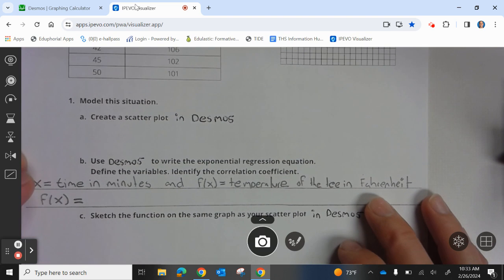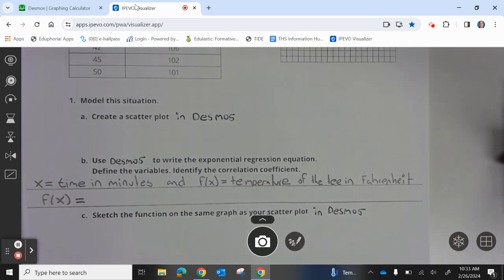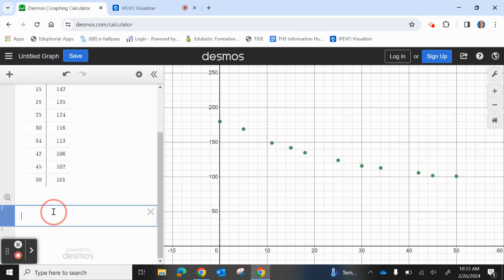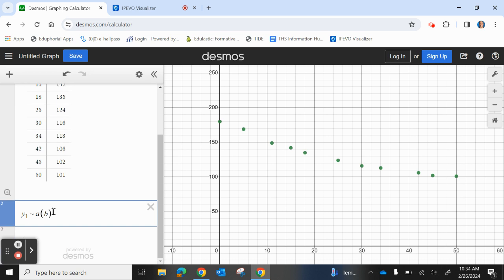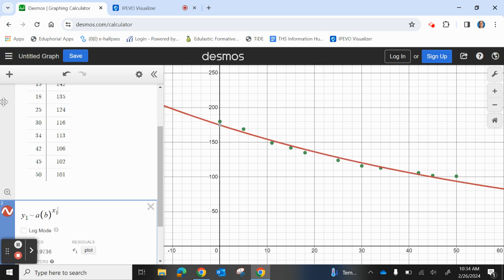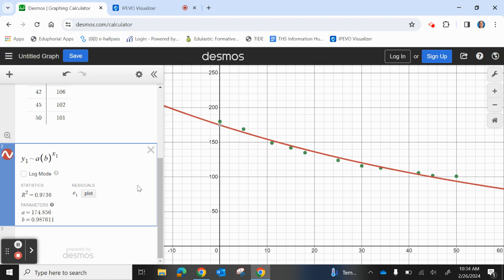Now it says, use Desmos to write an exponential regression equation, defining the variables, identify the correlation coefficient. X equals the time in minutes, and f of x equals the temperature of the tea in Fahrenheit. So our equation then is y1. Go ahead and round to 2 decimal places.